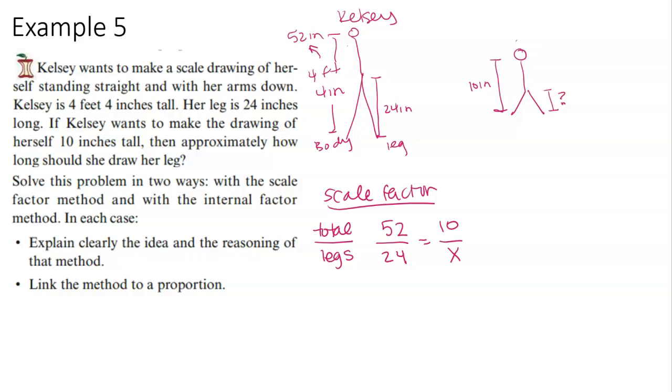So for scale factor, we go outside of ourselves. So we say, okay, how do we get from 52 to 10? 52 times k is equal to 10, right? That's our scale factor. So k is actually equal to 10 over 52. So I'm going to multiply this by 10 over 52.